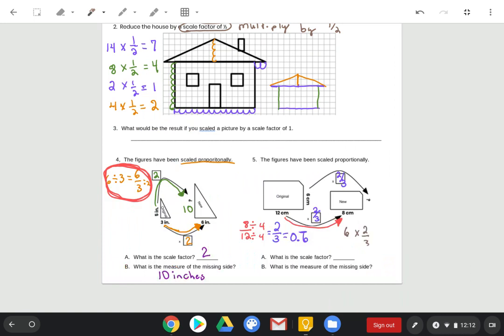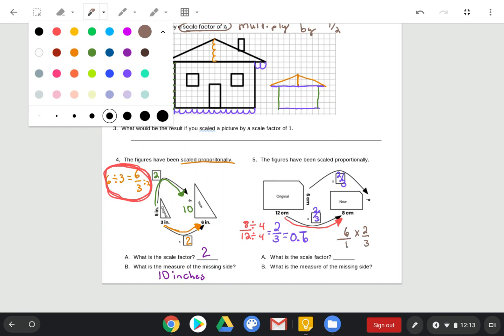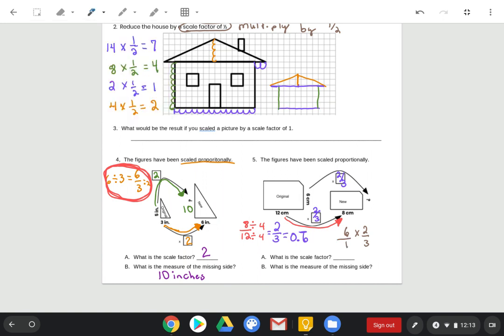Now remember, to multiply, we need to take that 6 and turn it into an improper fraction. I'm also going to simplify before I multiply. I'm going to divide on the bottom by 3, and I can also divide on the top by 3. I'm going to rewrite that up here because I'm out of space. 6 divided by 3 is 2.